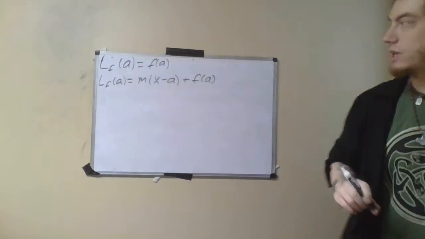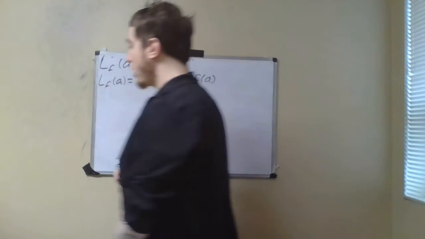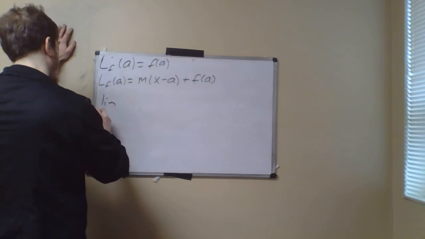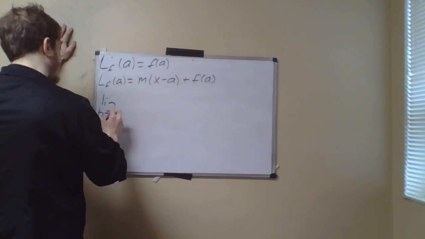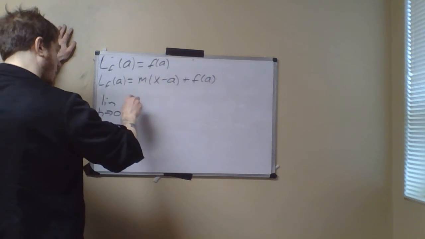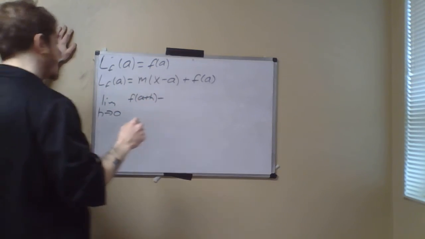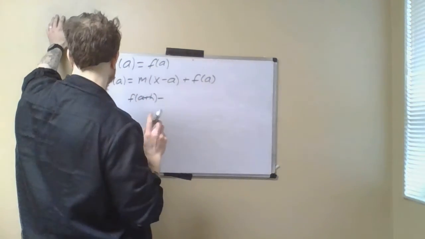But what else would we like to have happen? Well, what I would like to have happen is for the limit as h goes to 0 of f of A plus h minus, is this what I want?